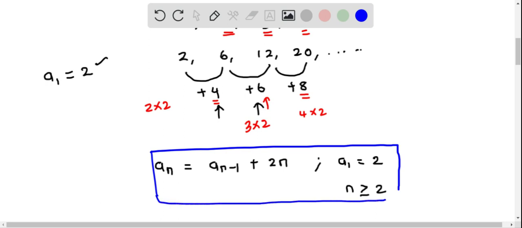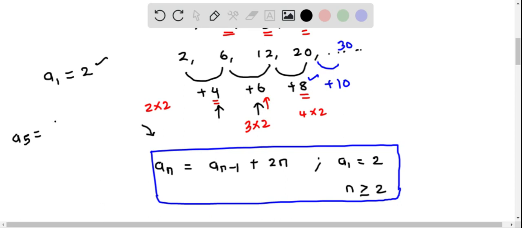Let's verify this. Let's say we want to find a5. We know that a5, according to this pattern, we have to add, if this is 8, we have to add 8 plus 2, which is 10. So 20 plus 10, we should get a5 equals 30. So let's verify that. We put n equal to 5 into the recursive definition.